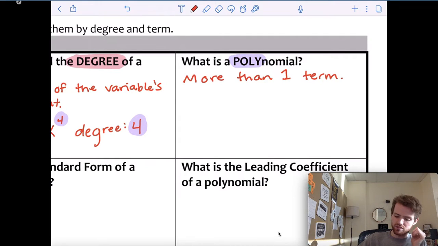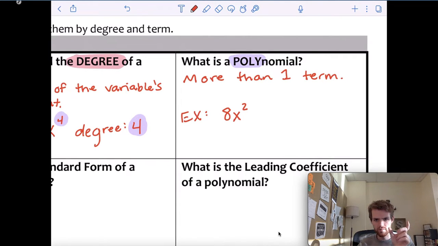So examples. We take a monomial, but then we add or subtract another monomial. So we could take that 8x squared, we could add it to 10, and then we could subtract x.